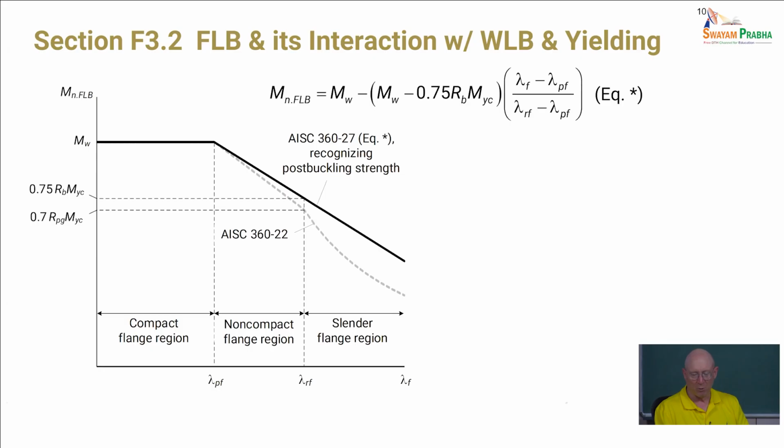But it gives you a larger strength than what we've been using, where the dash curve here is what the AISC specifications previously have just been using, a pseudo inelastic buckling or elastic buckling calculation for the compression flange.